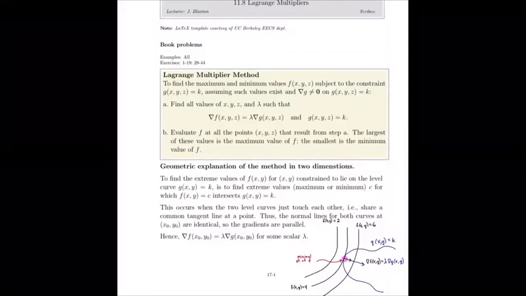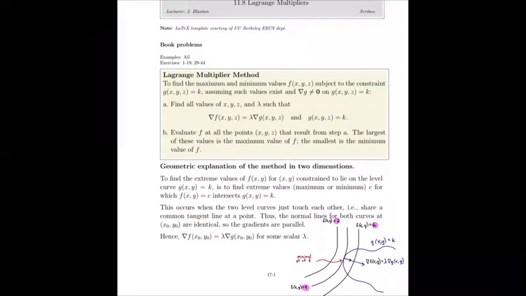So it looks like in this specific case, we've got level curves f of x, y equals 2, f of x, y equals 4, f of x, y equals 6. So with these level curves, we see where g is intersecting each one of these.